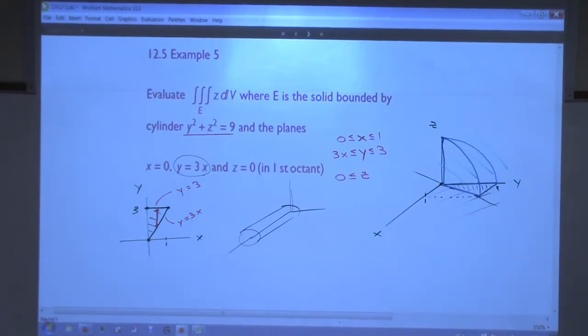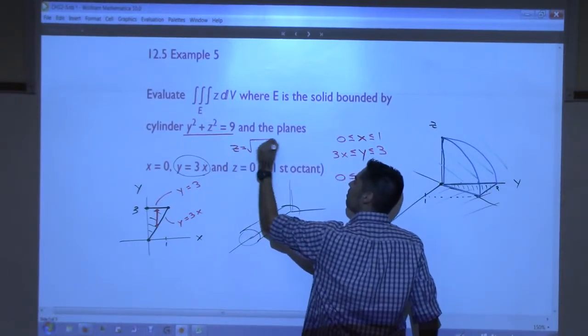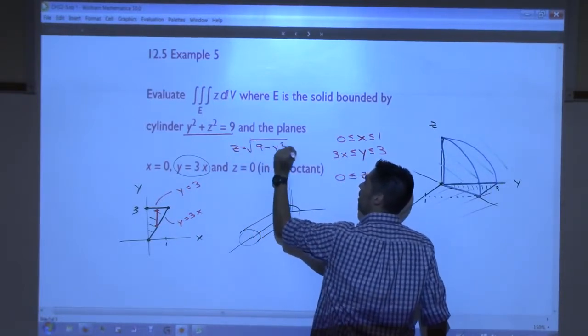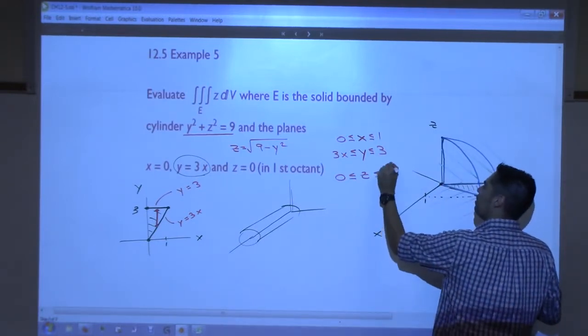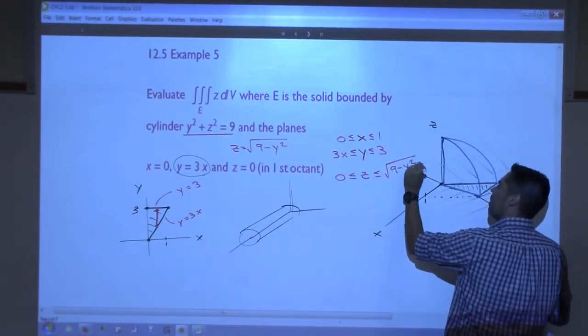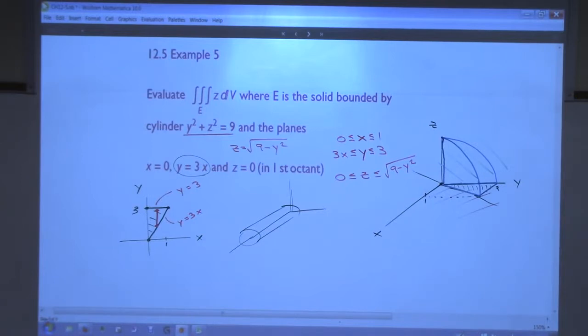You're going to get a plus or minus square root when you do that, but you're only looking at the plus because it's the top. So solve that, you get z is equal to square root 9 minus y squared, right? So this is square root 9 minus y squared. Bless you. And then you set it all up, right?